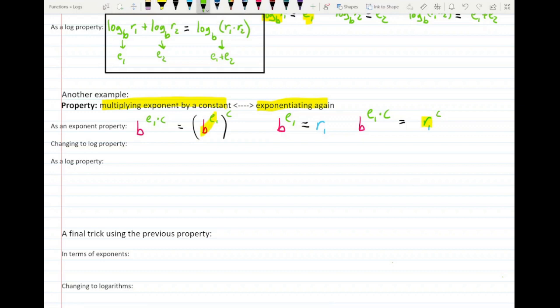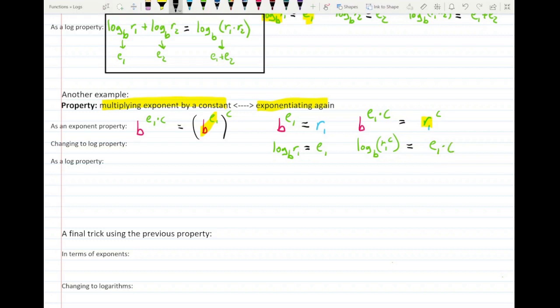Recovering our exponents with logarithms again, we get log base b of r1 is equal to e1, and log base b of r1 to the power of c is equal to e1 times c.